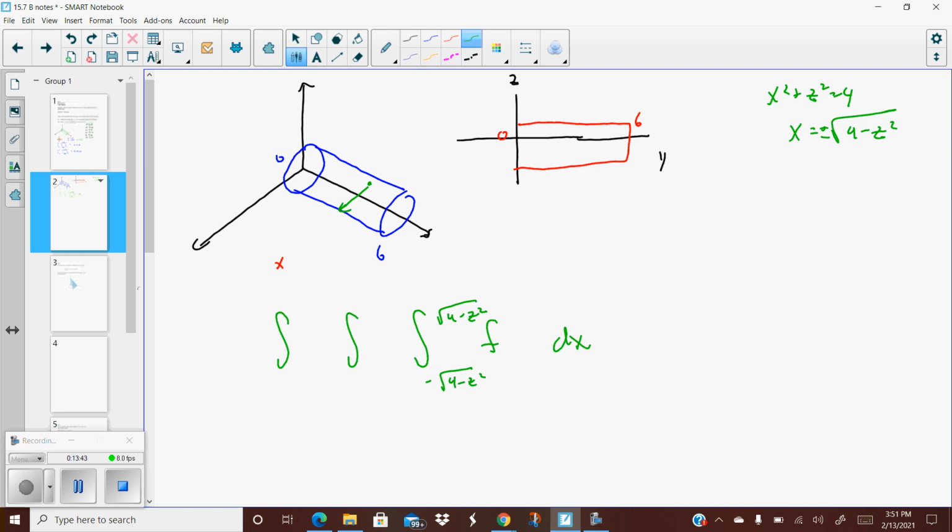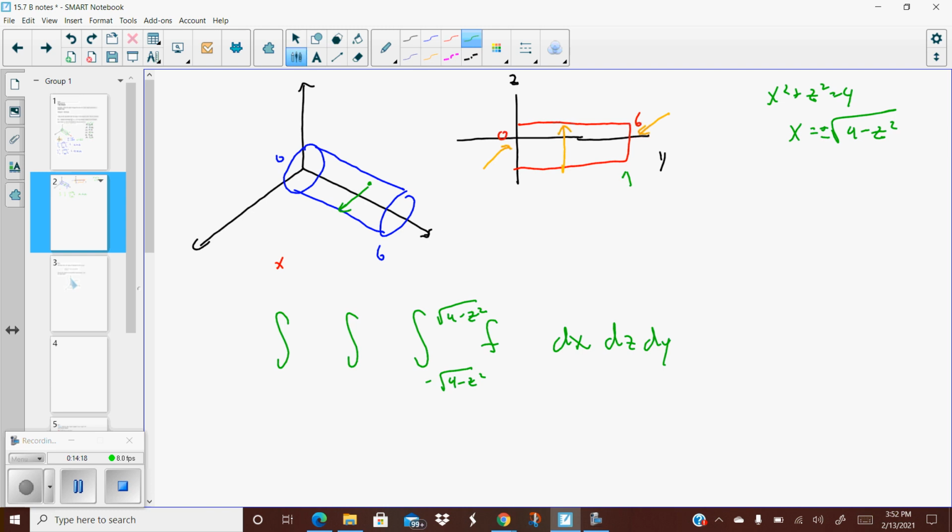Now we have to decide, are we going to do a dy dz or a dz dy? And again, that comes from your two-dimensional projection. So if you wanted to do a type 1, that means z is going to vary from function to function, y is going to go from constant to constant. So if we do this as a dz dy, z is going to go from the bottom of the function to the top of the function. Now you have to be careful here, because now this is a two-dimensional projection.